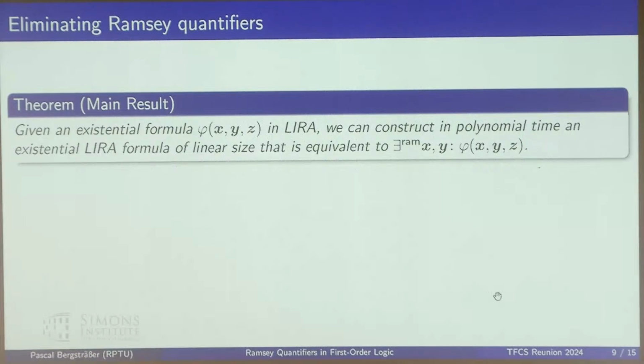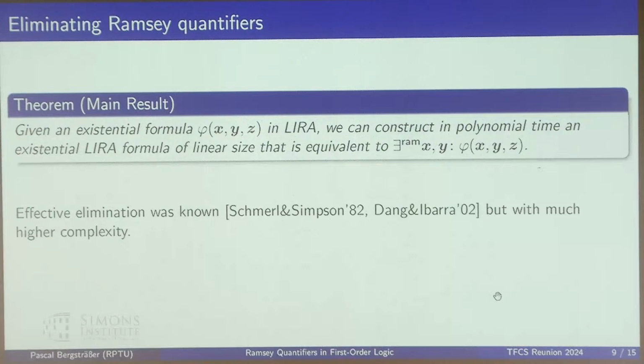So this means that we eliminated the Ramsey quantifier with only a linear blowup and in polynomial time. But be aware that we have existential quantifiers here, and there are more existential quantifiers than we had at the beginning.